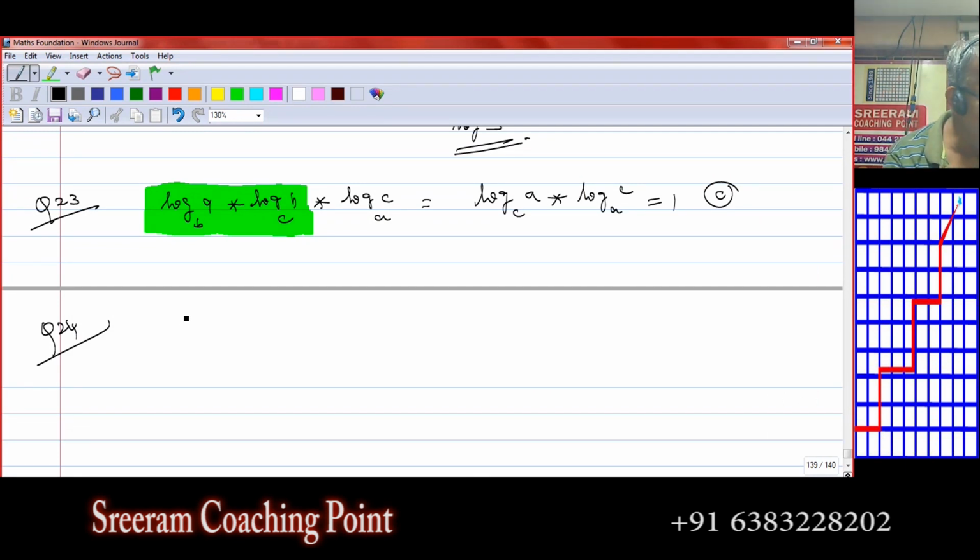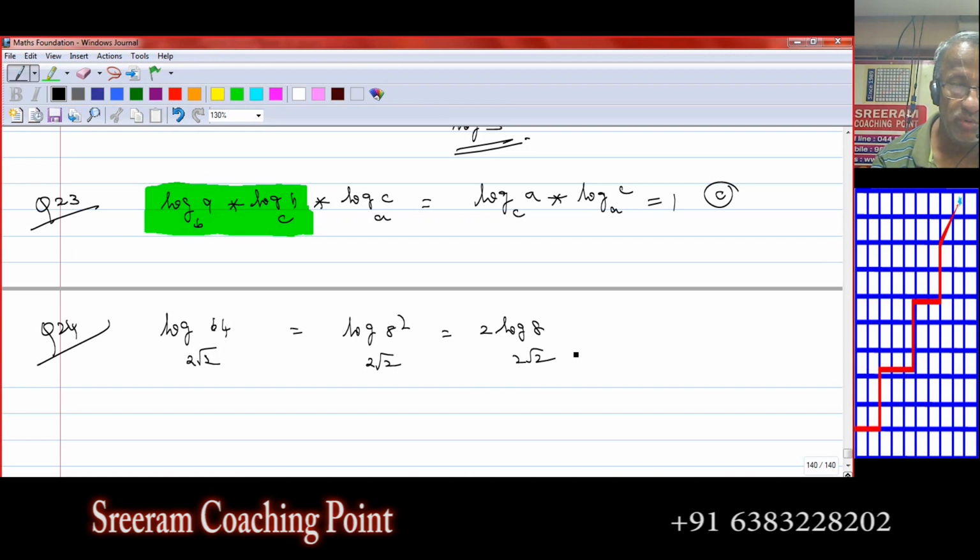So now let us just take up log 64 where the base is 2 square root of 2, which is equal to log 8 squared to the base 2 into square root of 2, which is equal to 2 log 8 to the base 2 square root of 2. See, we have already done this sort of exercise. 8 will always be reported as 2 square root of 2 to the square. Correct?